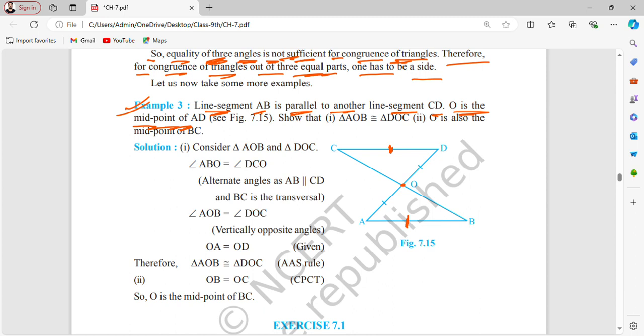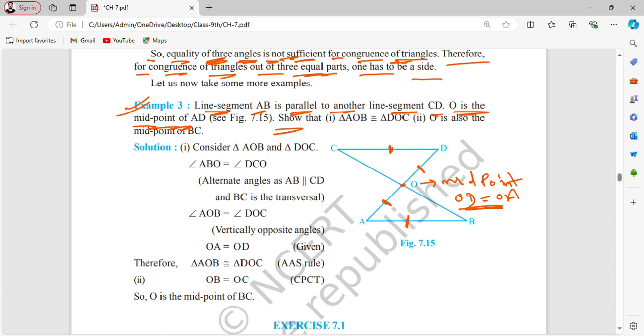Midpoint means OD is equal to OA. This point divides line segment AD into two equal parts. That is the meaning of the midpoint O.